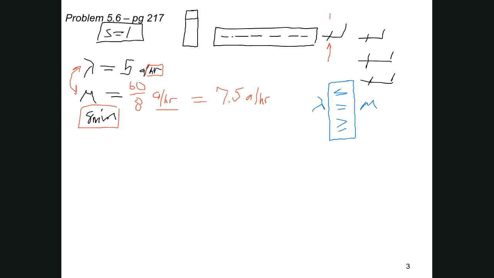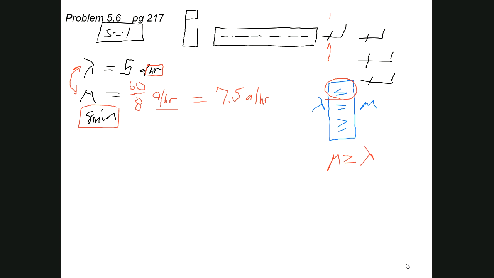Well, hopefully you will see that what has to happen is that lambda has to be less than or equal to mu. In other words, you have to be able to serve at a rate that's faster than the customers arrive. Said alternatively, mu has to be greater than or equal to lambda.